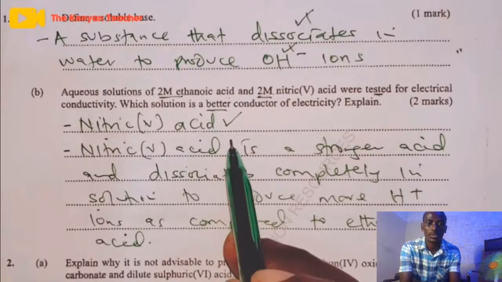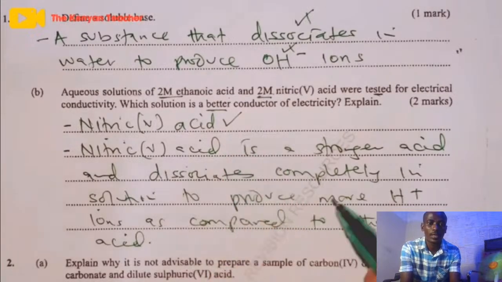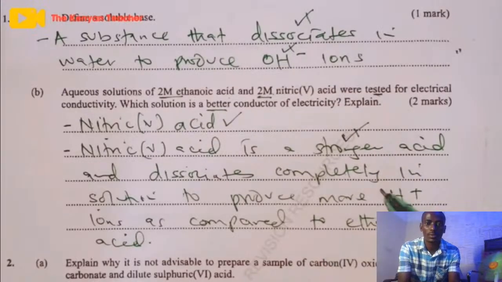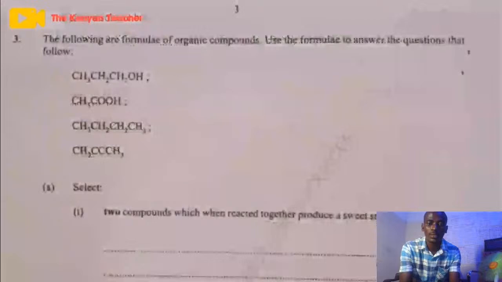So this is a compound. Once you say it's nitric acid, you get a mark. If you say nitric acid is a strong acid, you'll also get a mark. Dissociation is very, very important, so don't forget to say that, because if it dissociates completely, that's why it gives out ions.